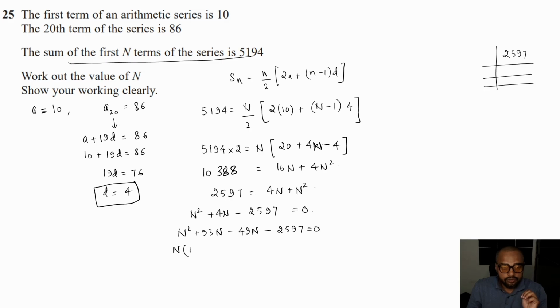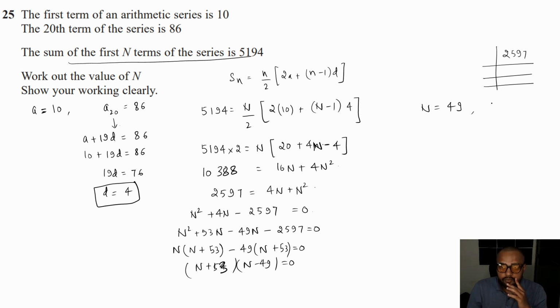Here n is common, so it will be n plus 53, and negative 49 is common, so it will be n plus 53 equals 0. From here we can see that n plus 53 cross n minus 49 is equal to 0. So the possible value of n is 49 and not 53.